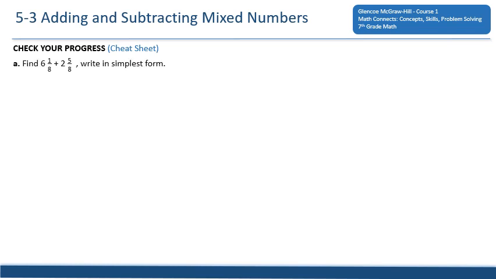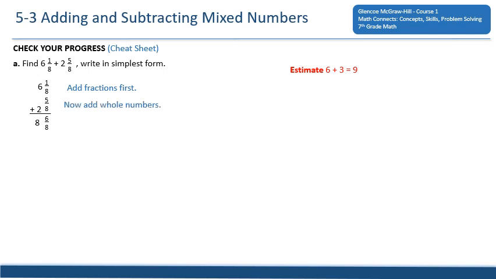Check your progress. Find 6 1/8 plus 2 5/8. Write in simplest form. We'll do an estimate of 6 plus 3 equals 9. We do have like fractions here, so we can go ahead and do the math. If we add 1 plus 5 from the numerators, we'll get 6 over 8.